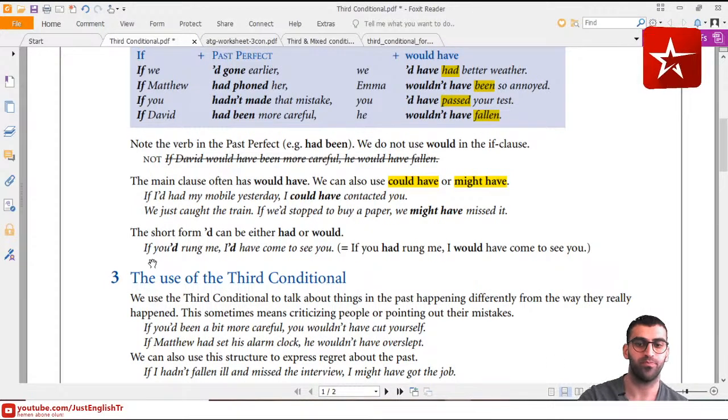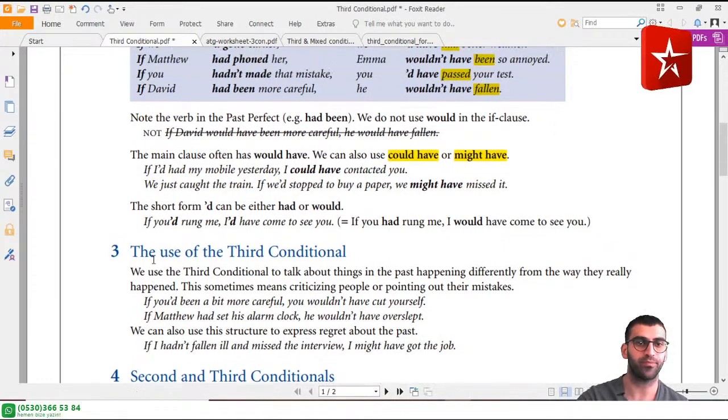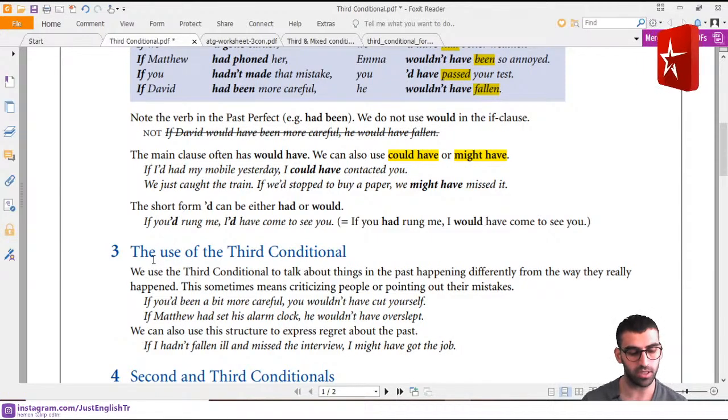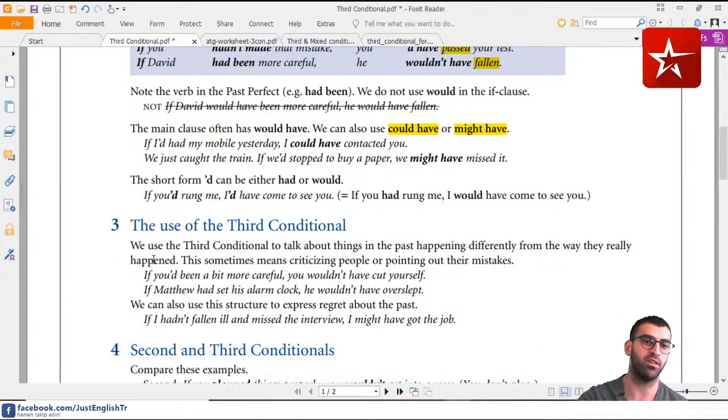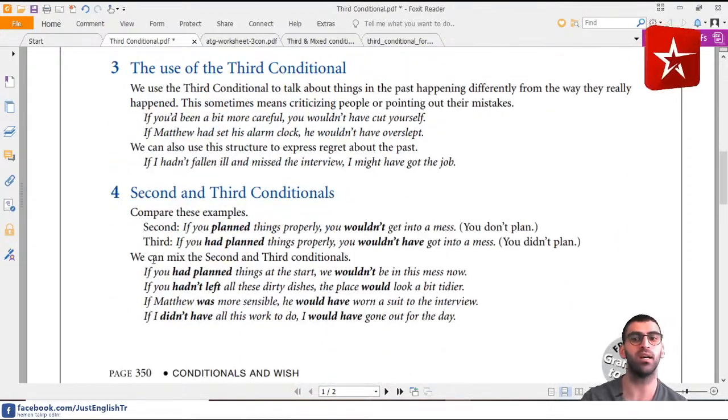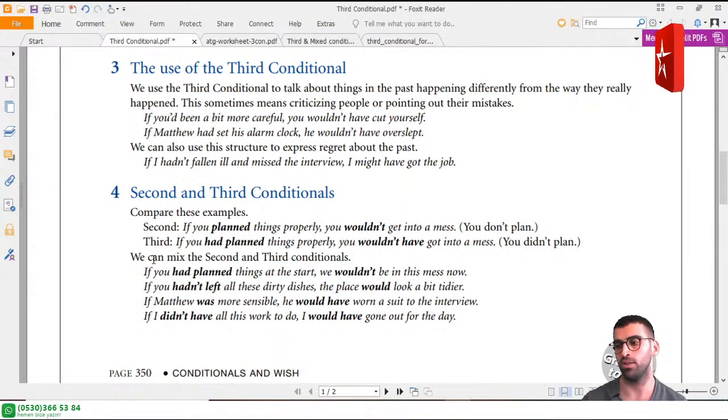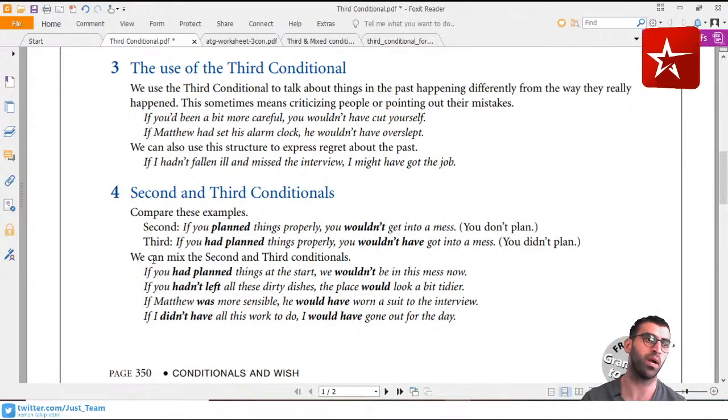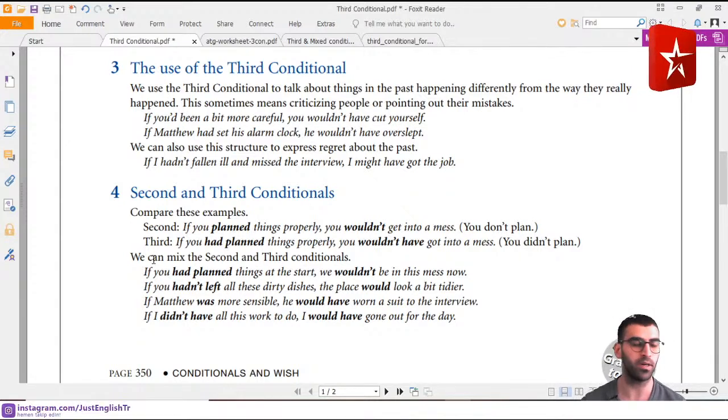And what is the difference between the second conditional and third conditional sentences? Second conditional sentences are about a hypothetical situation, an imaginary, unreal situation. For example, you are not rich and you don't have $1 billion. You say, if I had $1 billion, I would buy a house in California.